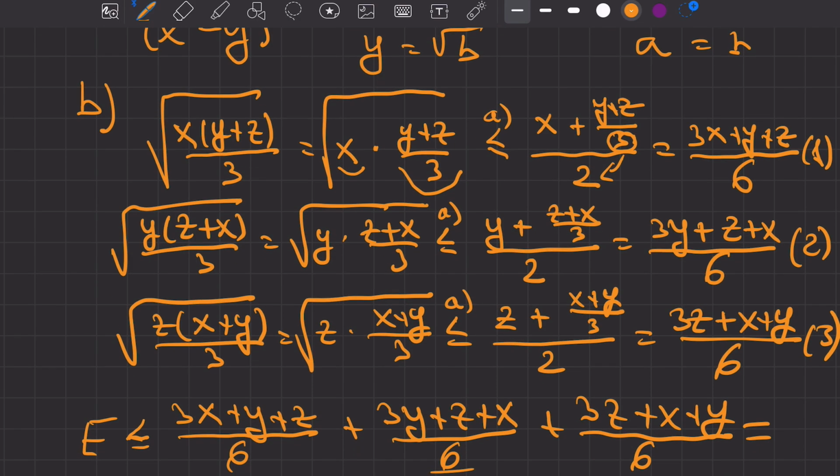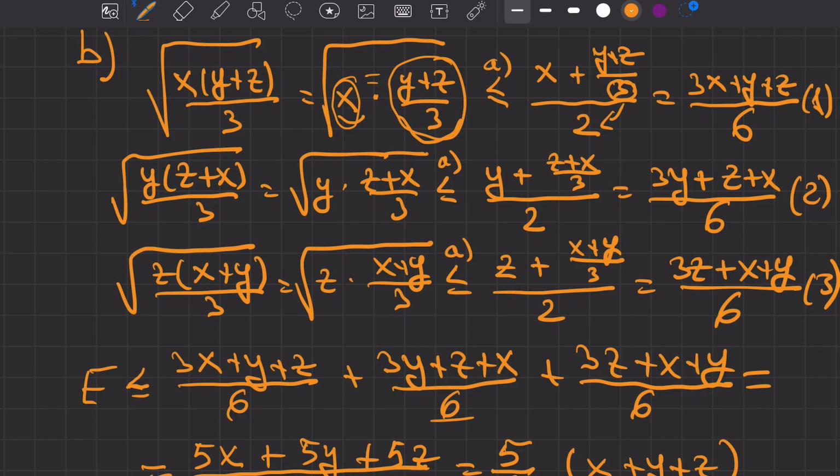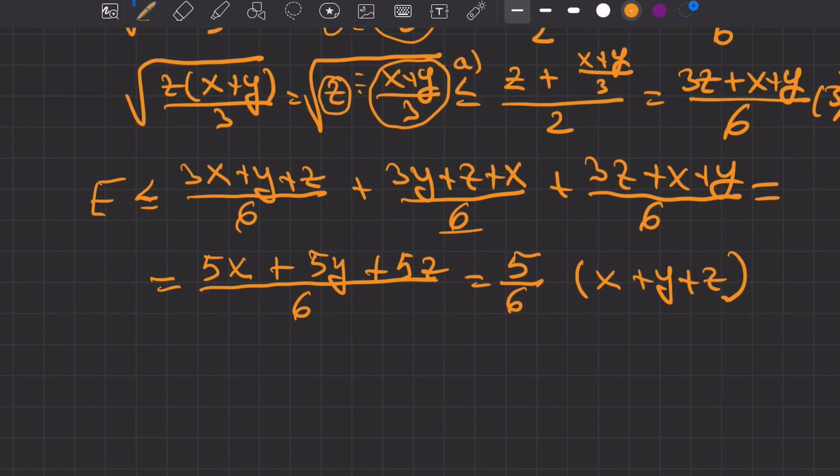If we look at the terms where we got a, this is a, for example, and this is b. And equality is when these two are equal. But it also applies when these two are equal, and it also applies when this is also equal. So we get that x is equal to (y plus z) over 3.